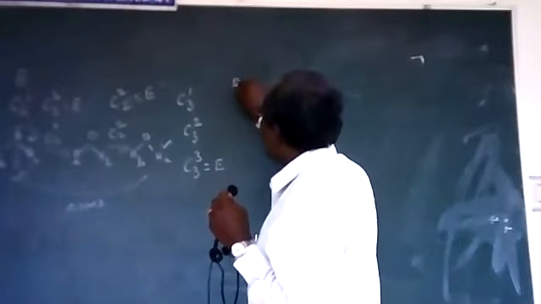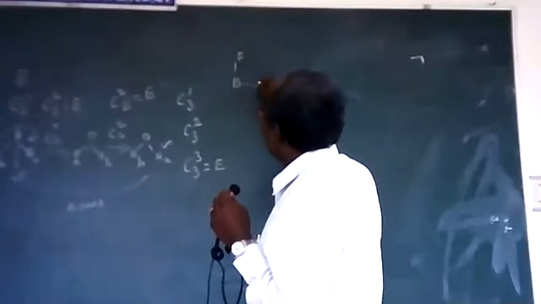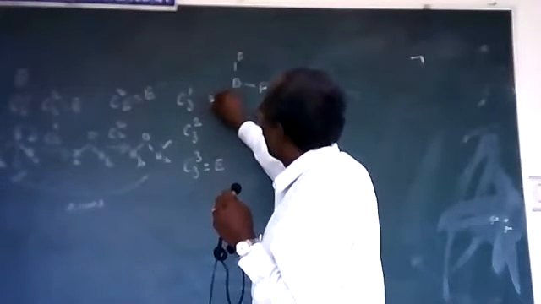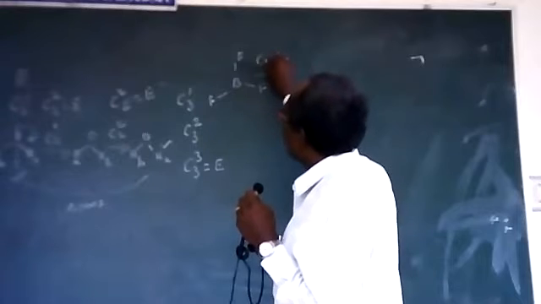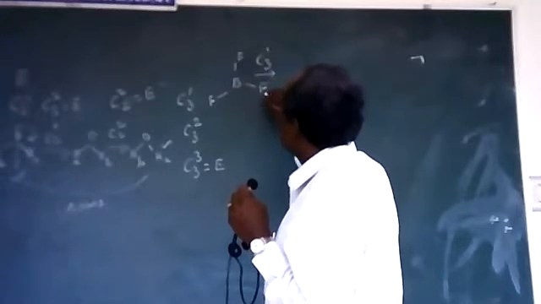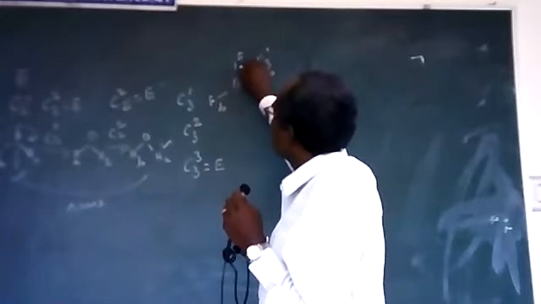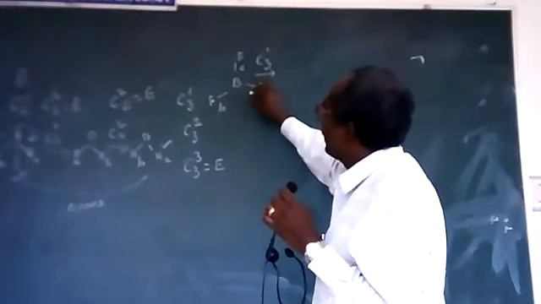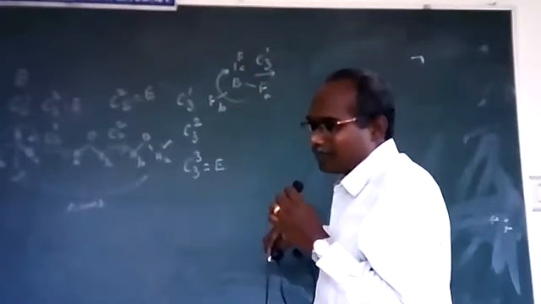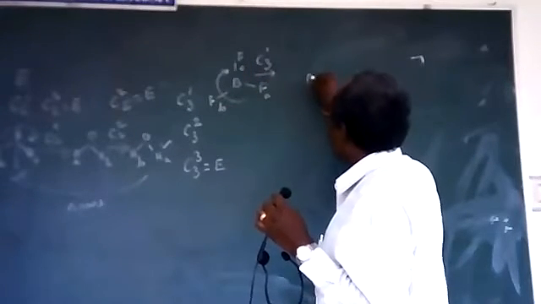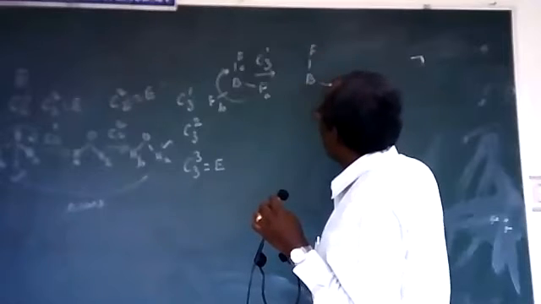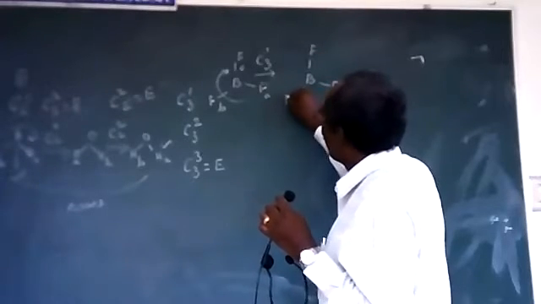Now look here. See, the boron trifluoride molecule. Let me say this is A, this is B, this is C. When the C3 operation is done once in this direction, I get boron, and fluorine comes over here, fluorine over there, fluorine here.